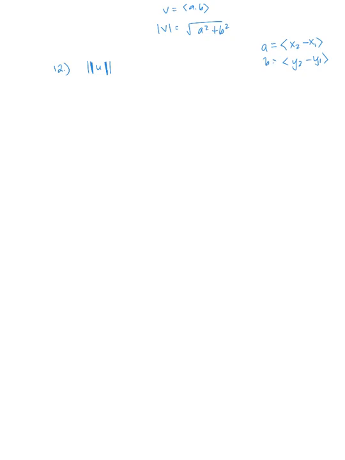Okay, so let's see. In this one, u is given as 2i plus j. I like to just write that with my components. The horizontal component is 2, and the vertical component is 1. So the absolute value of that, if I was going to sketch that, I would have horizontal is 2, vertical is 1.